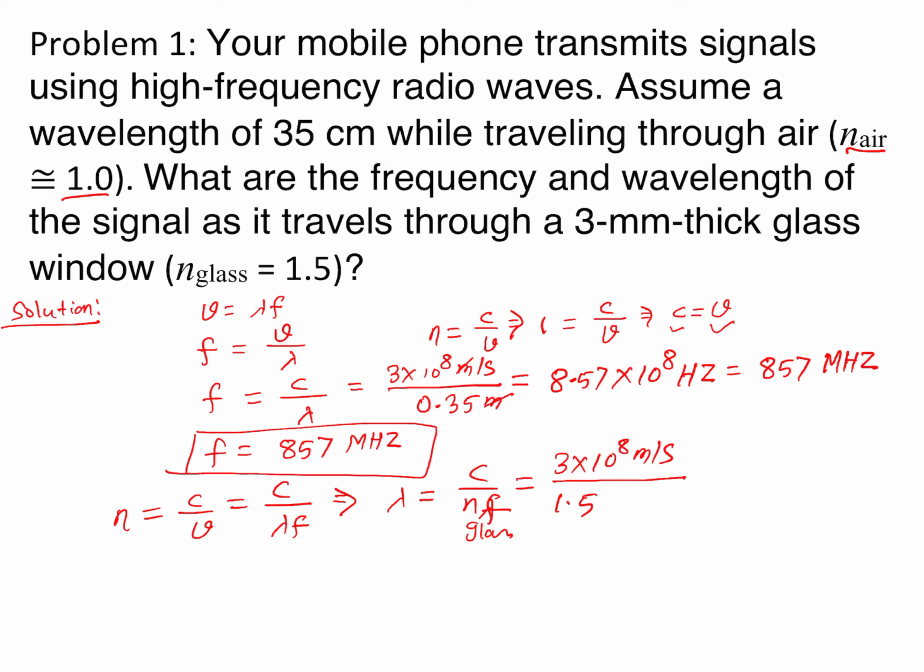We know the frequency is 8.57 times 10 to the power 8 hertz. Then let me calculate this. I found exactly 0.233 meter, which is equal to 23.3 centimeters. So, this is lambda. That is how you should deal with this kind of problem.